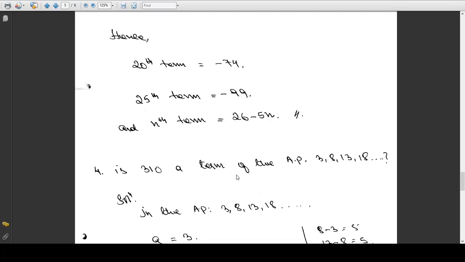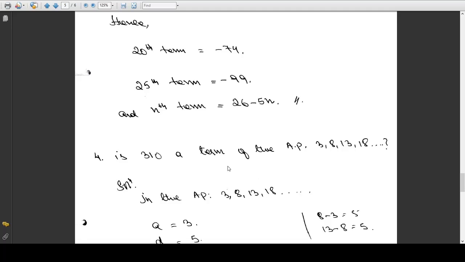Okay, now in the same way 310, if you go on proceeding with this progression, whether 310 is a term of the AP or not. Okay, let us try to find out.